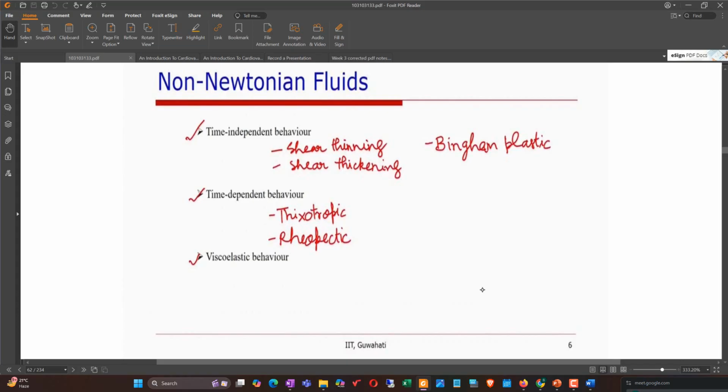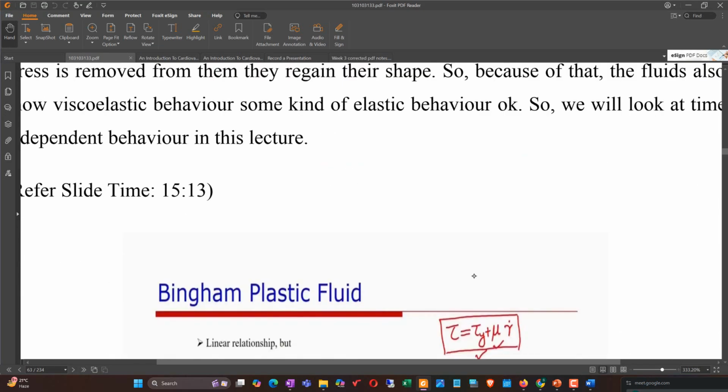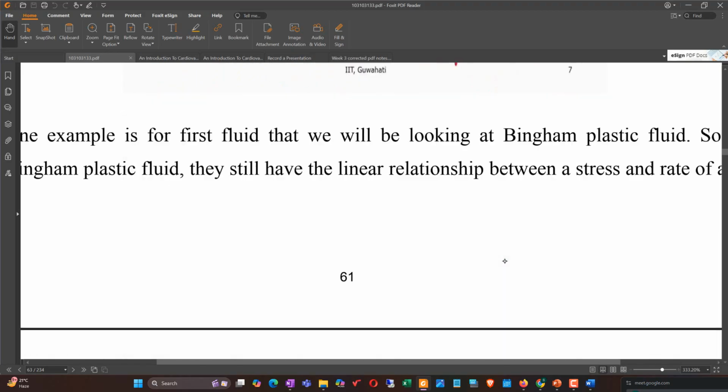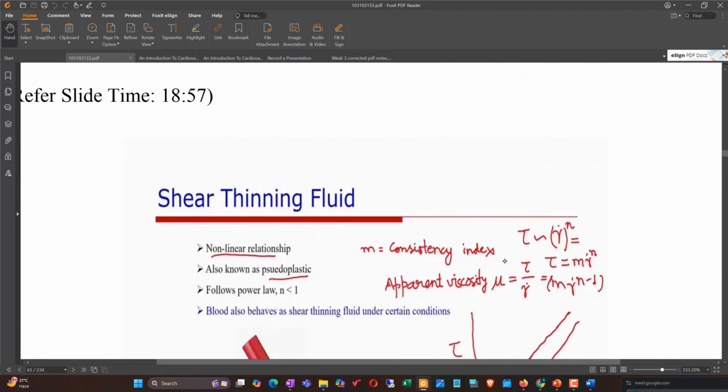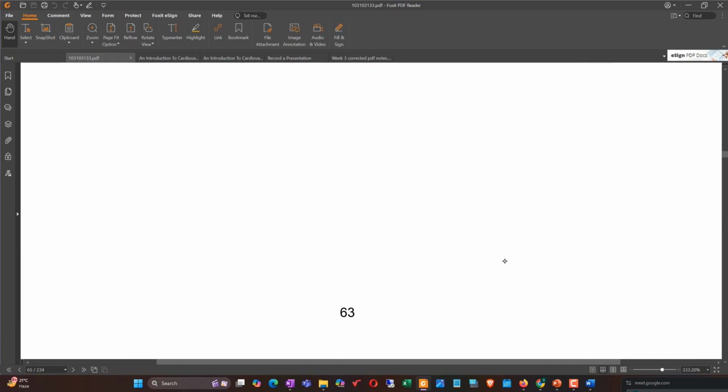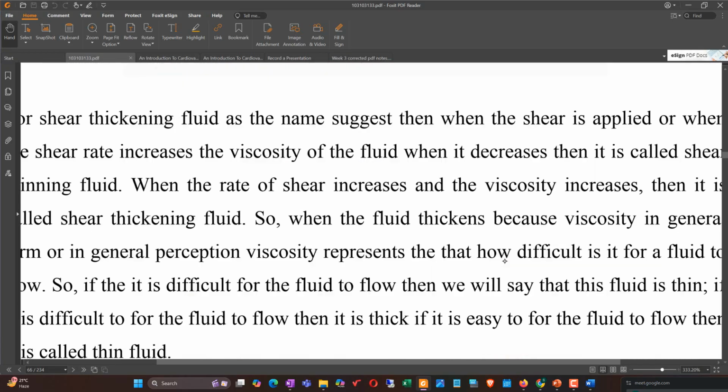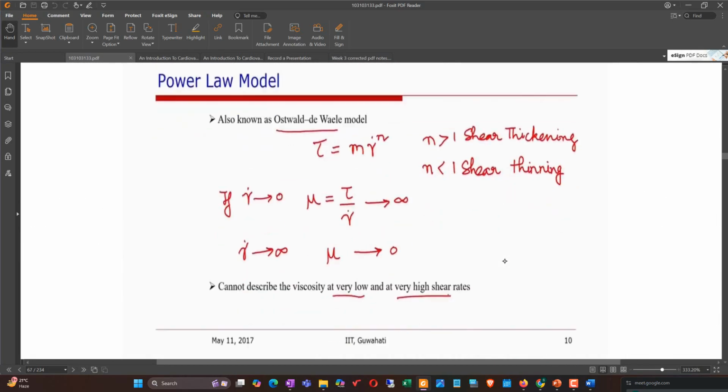Thixotropic, rheopectic. Then Bingham, shear thinning, shear thickening, and the power law model, and how shear thinning and shear thickening are related to the exponent.